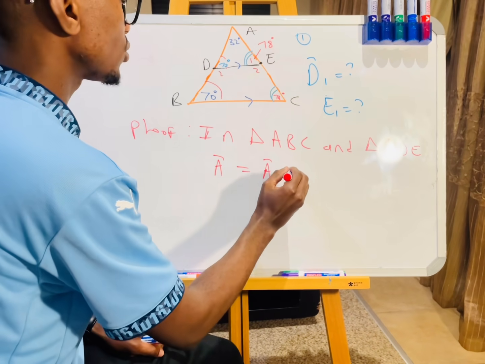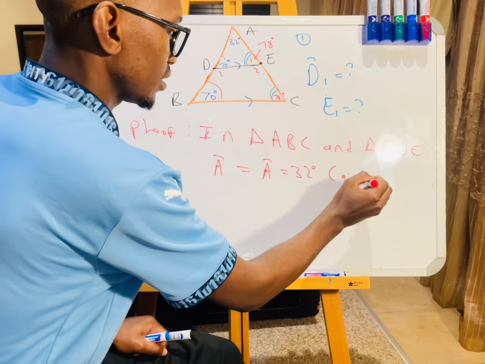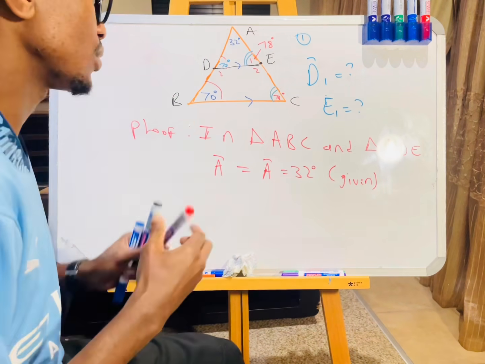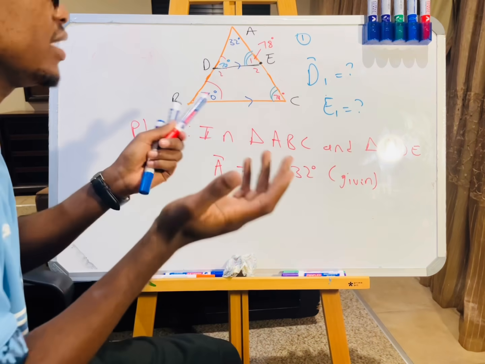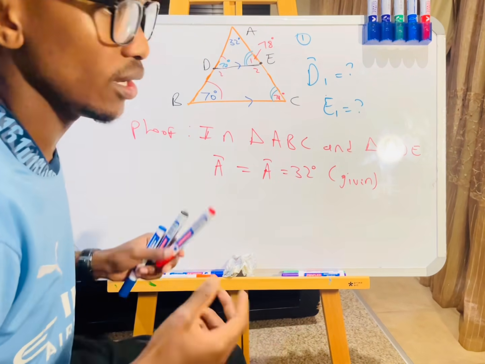They are both equal to 32 degrees. That's given, guys. We're actually given that angle there. So our reason is given. If you're given it, your reason is just given.